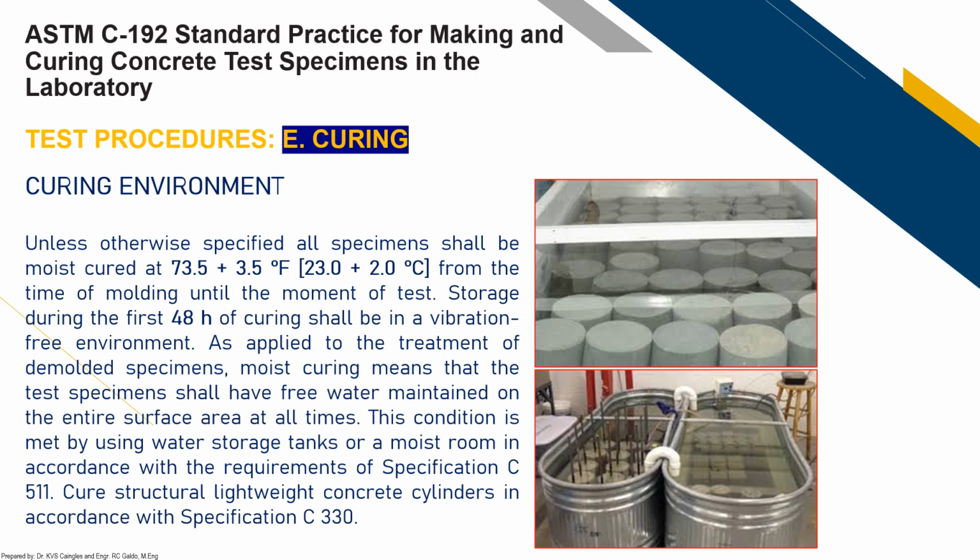As applied to the treatment of demolded samples, moist curing means that the test specimen shall have free water maintained on the entire surface area at all times. This condition is met by using water storage tanks or a moist room in accordance with the requirements of specification C511. Cure structural lightweight concrete cylinders in accordance with specification C330.